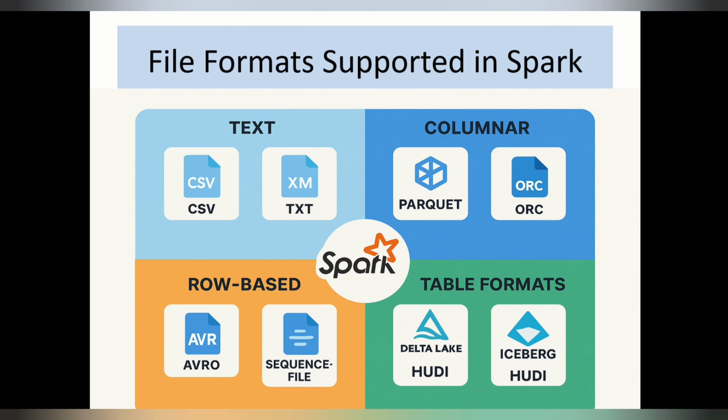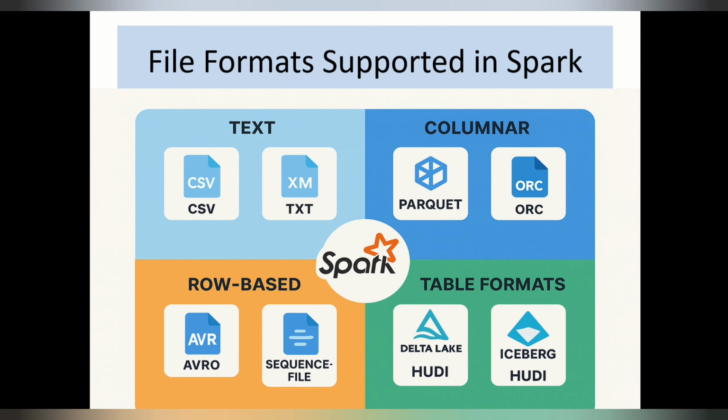So let's discuss the file formats supported in Spark. What kinds of file formats can we use while working with Spark? Text formats are available like CSV, TXT, then there is XML format, then tab separated files you can utilize. So those are the file formats available for text.